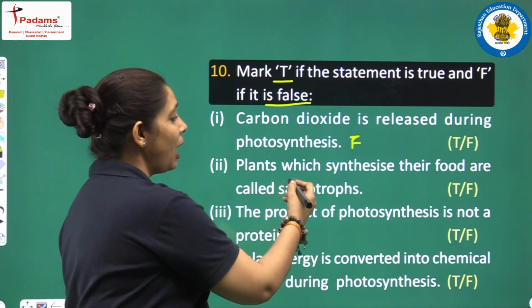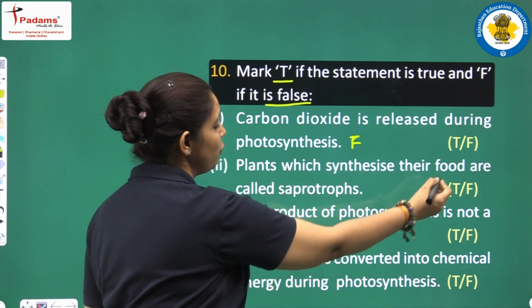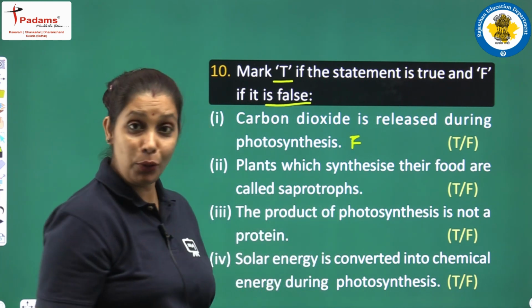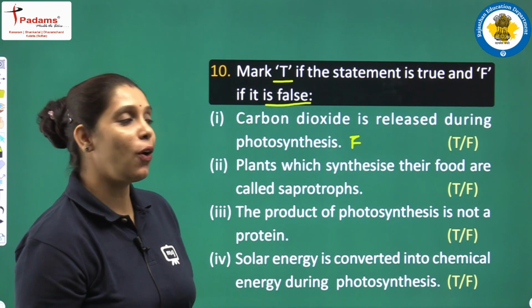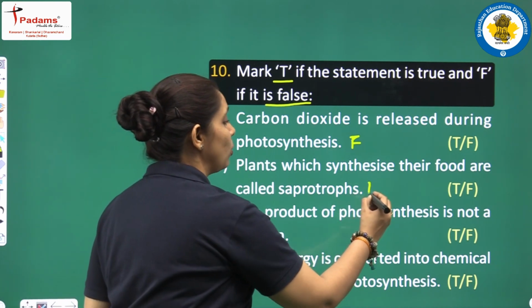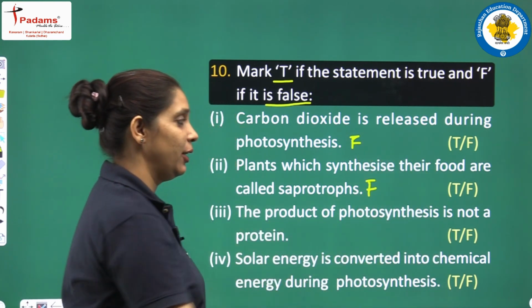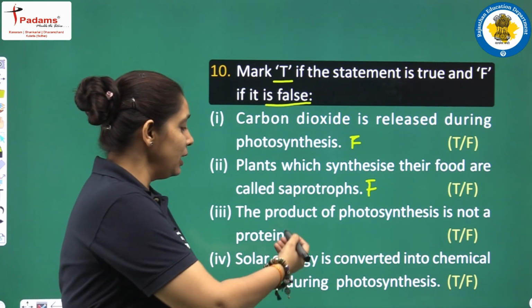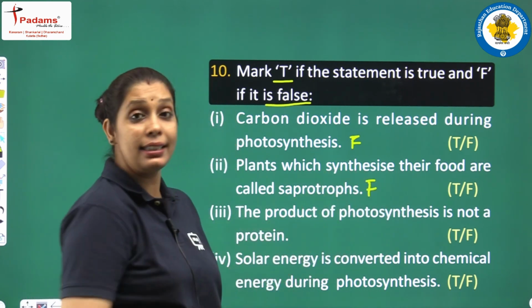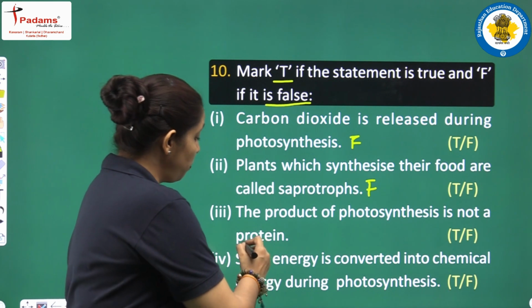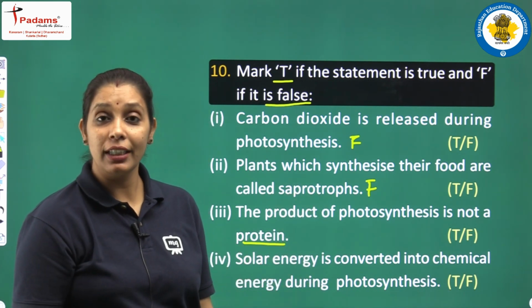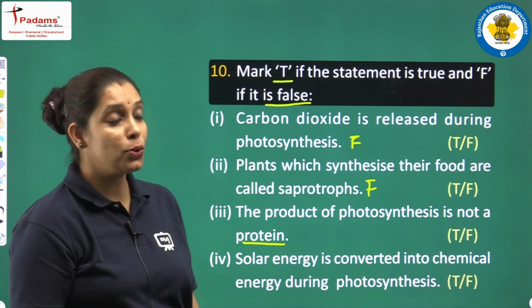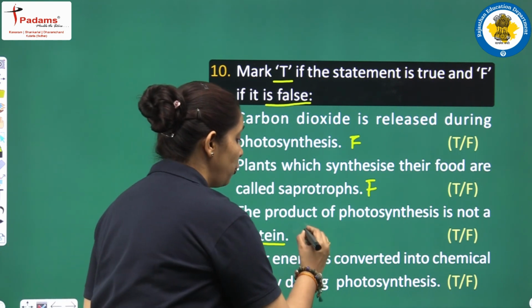Next one is, plants which synthesize their food are called saprotrophs. They are known as autotrophs. This statement is also false. Okay. Third one is, the product of photosynthesis is not protein. Yes, it is not a protein. It is carbohydrate. So this statement is true.